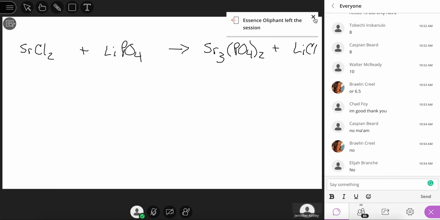Just one hint is that if I see a polyatomic ion on the left and I see it on the right, I can balance that just as a polyatomic ion if I want to, or I can take it apart and balance the phosphorus and the oxygen separate. Doesn't matter which one I choose to do. So I'll give you about 3 minutes. Well, let's say 2 minutes because it's almost 11. So at 10:57, then I'll give you the answer.